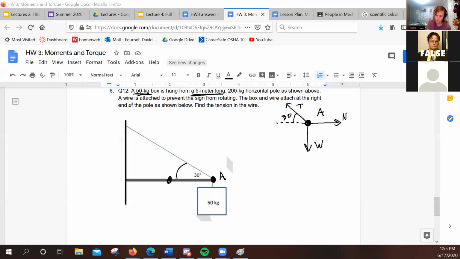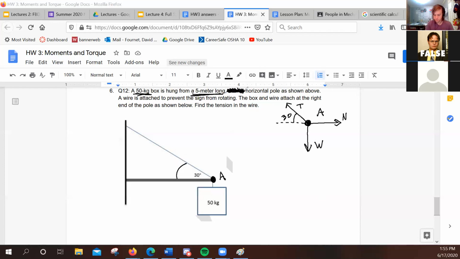And the wire is attached to make sure that it does not rotate. For the sake of simplicity, I'm going to say, don't worry about this weight. We're just going to take that out. So we're going to pretend like the pole has no mass. In reality, not possible, usually it would have a mass, but just to make this a little bit simpler, we're going to take out that mass.